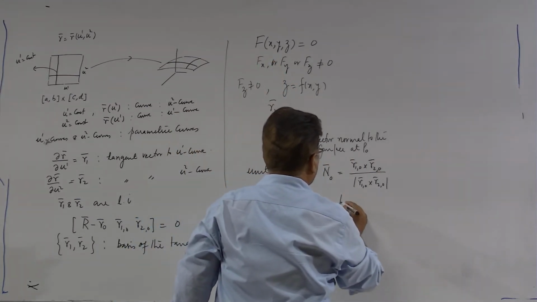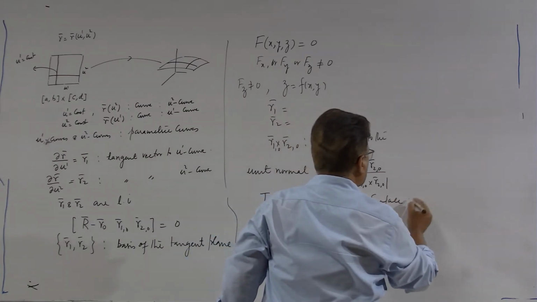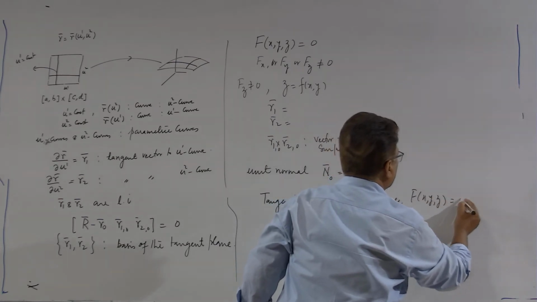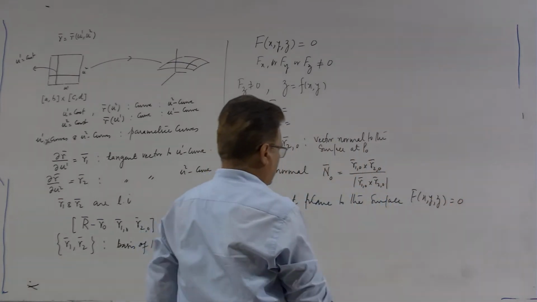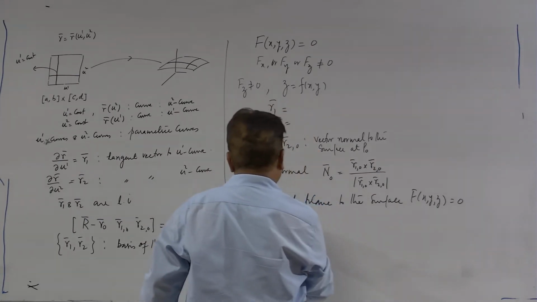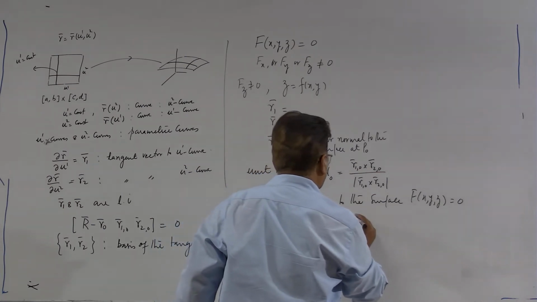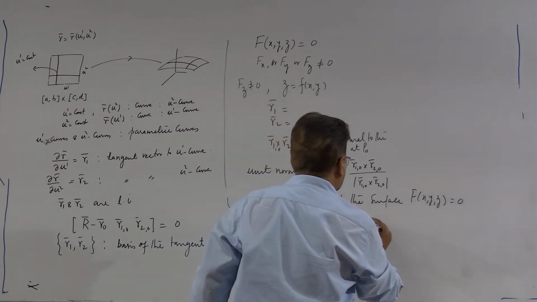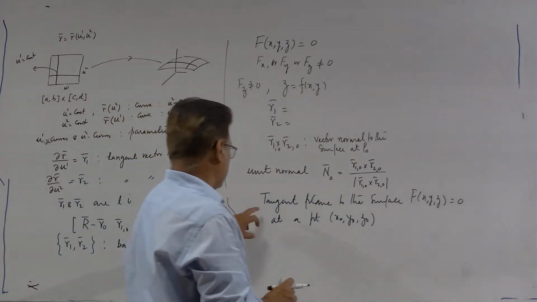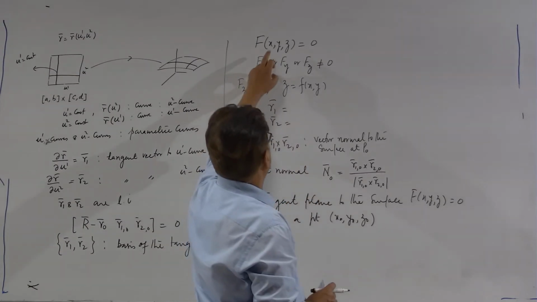Tangent plane to the surface f(x, y, z) equal to 0. We derive this equation since I am considering the tangent plane to the surface at a point x0, y0, z0. Well, before discussing the tangent plane, let me tell you what will be the normal to this surface.